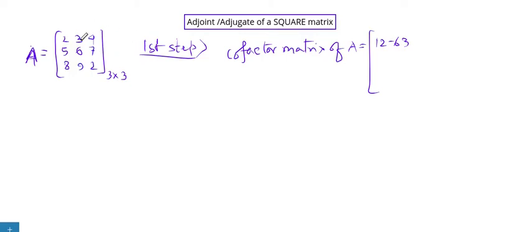Then the cofactor of 3. To find the cofactor of 3, suppress the first row and the second column, then you will get 56 minus 10. Then the cofactor of 4 is 45 minus 48.